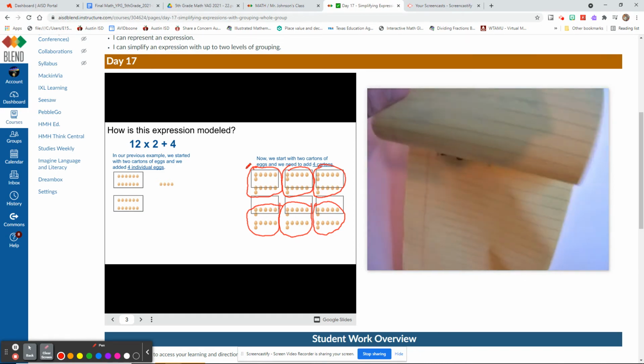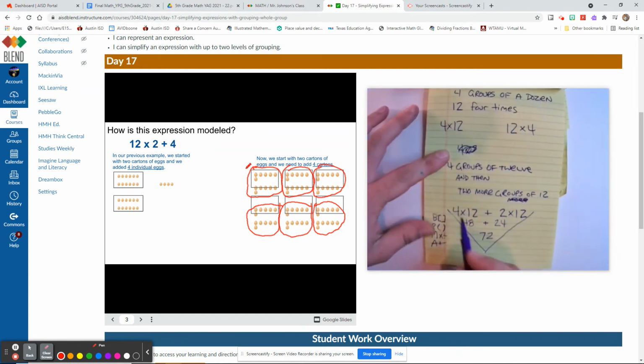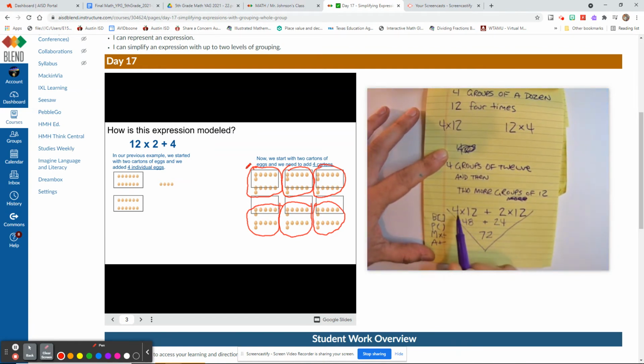When we did this previously, we had 4 groups of 12 over here with 48, 2 groups of 12 over here with 24. What if we added 4 plus 2 first? Added our 4 groups plus our 2 groups to figure out we really need 6 groups of 12.